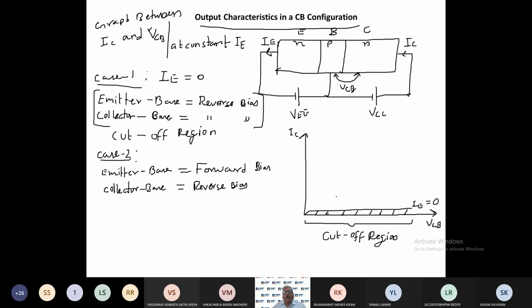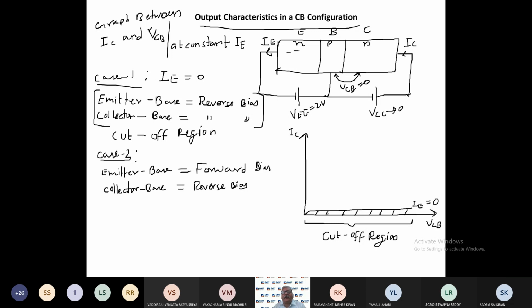Under this condition, you just see this figure. Suppose we make this VCC 0. If VCC is 0, then this collector to base voltage is also 0. But here we have applied some VEE. Suppose VEE is 2 volt.